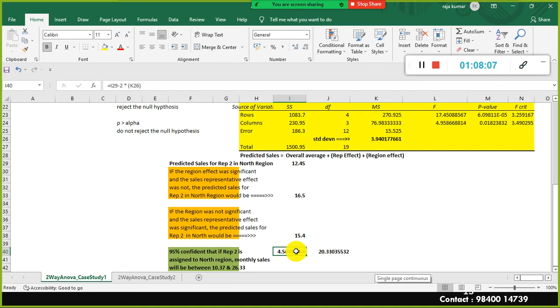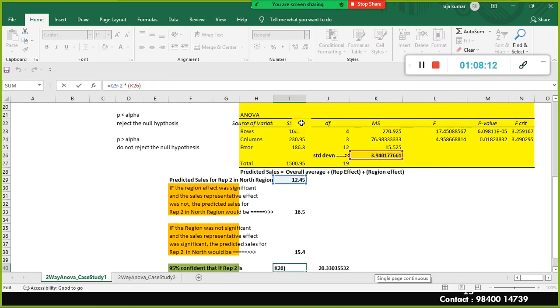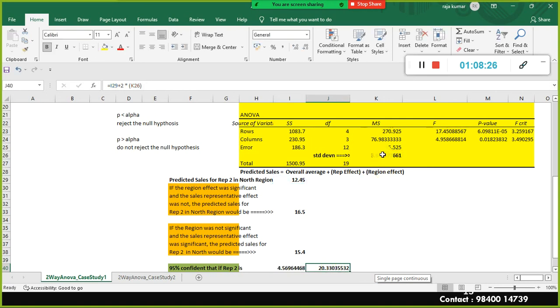For example, if you click here, it gives you the formula. So 12.45 minus 2 into this standard deviation. If you click here, I'll share this Excel sheet with you all.